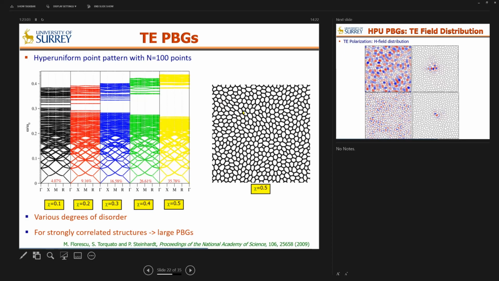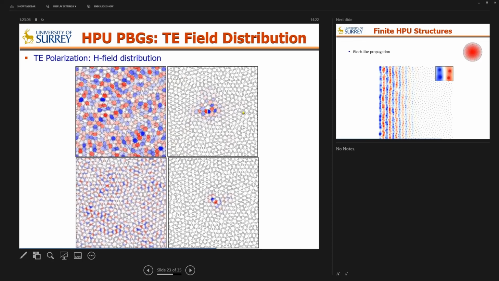And indeed, if we analyze the field distribution of this mode, we note that for the TE polarization, the H field is distributed for modes below the photonic band gap within the cells of the system, shown here, while modes above the photonic band gap have a nodal plane passing through each of the cells.